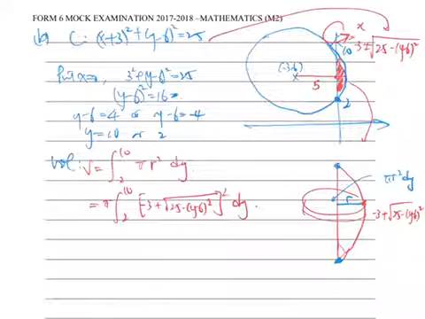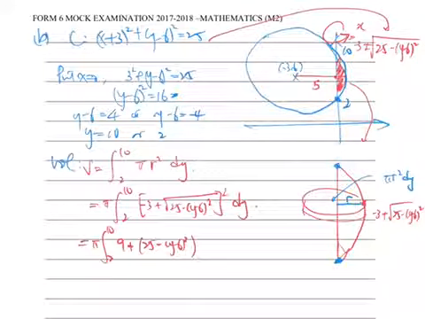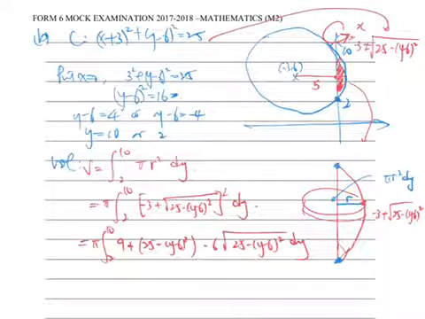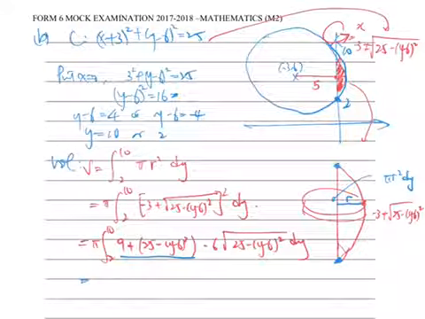And in order to get the volume, first we expand it. So the square becomes 9 plus the square of this one, 25 minus (y minus 6) all squared, and then minus 6 root of 25 minus (y minus 6) all squared dy. Now next we further simplify this term, so it will be pi integrate 2 to 10.